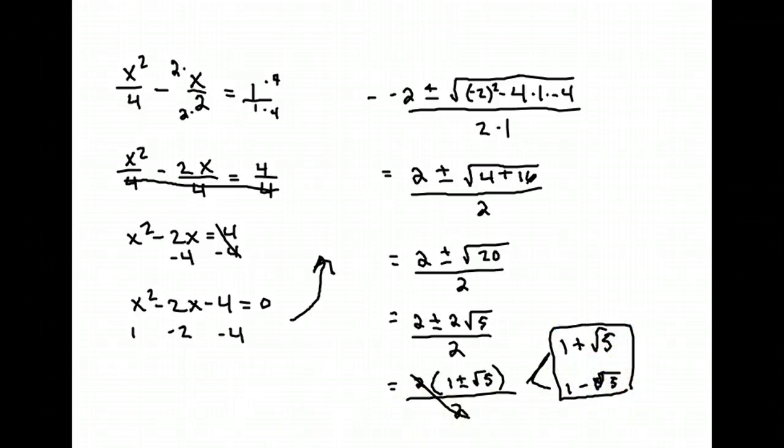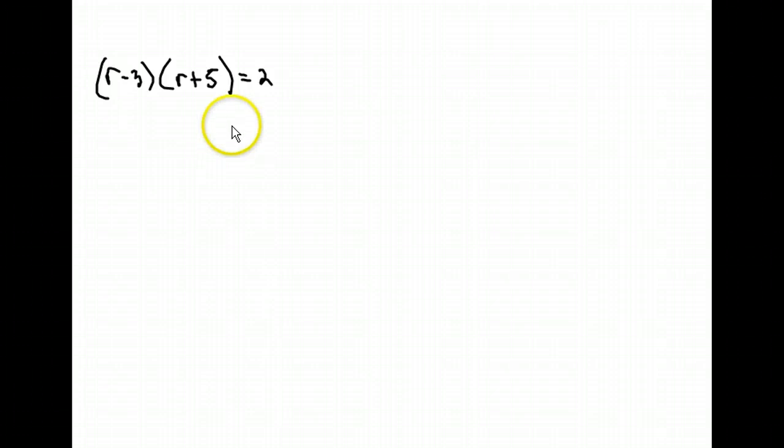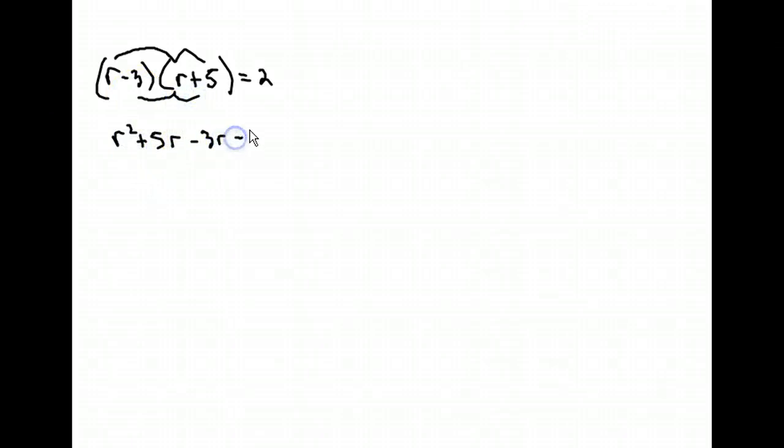Let's say you're given r minus 3 times r plus 5 equal to 2. Well, because it's equal to 2, you still have to multiply all of this out. Had it been equal to 0, it would have been easy to get the answer. So what we need to do is double bunny hop. So we're going to have r squared plus 5r, and then double bunny hop to negative 3, minus 3r minus 15 equal to 2.